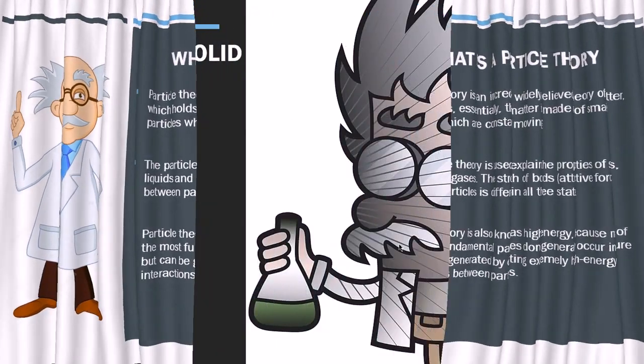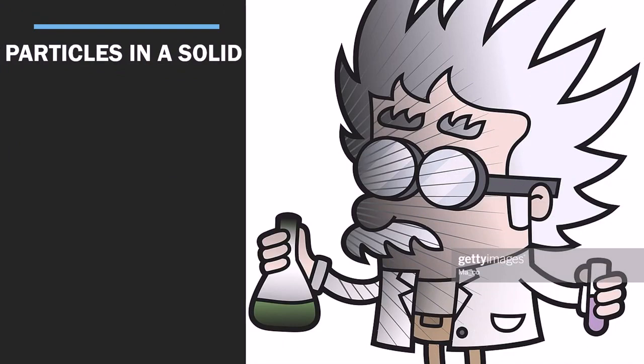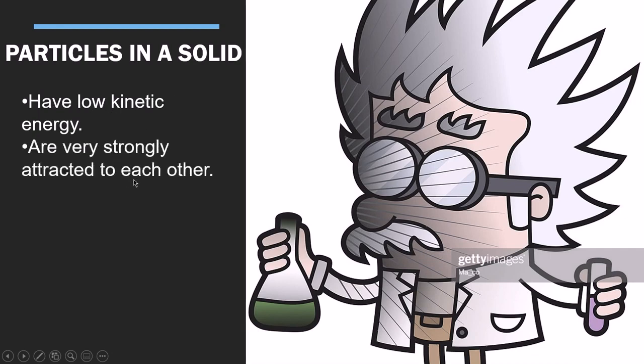Okay, now let's learn about the properties of the particles in a solid. What are the particles in a solid and how are they attracted? They have low kinetic energy. I'll be explaining the kinetic energy after the next 2 slides. The particles of the solid are very strongly attracted to each other.